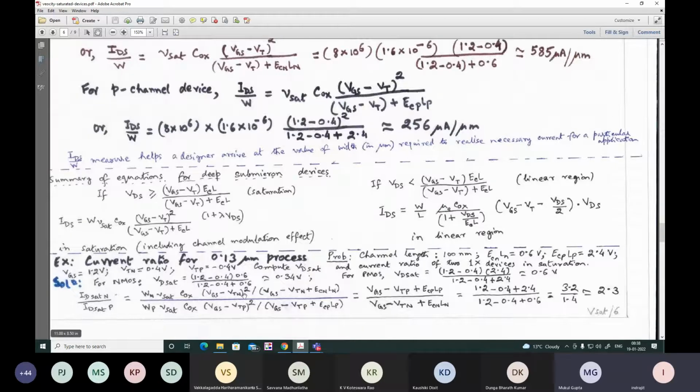Putting all the values into consideration, we see that only this VGS minus VTP plus ECLP divided by VGS minus VTN plus ECLN. So it is 2.3. It means that if you take feature size devices, say 1x NMOS and 1x PMOS, whatever the current 1x PMOS shows, 1x NMOS will show 2.3 times larger current.